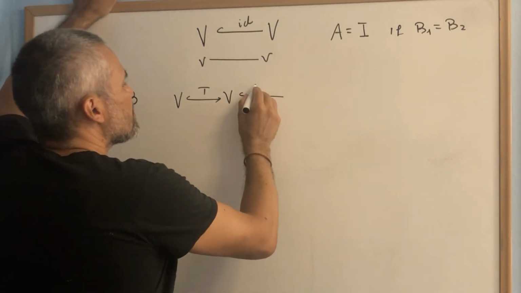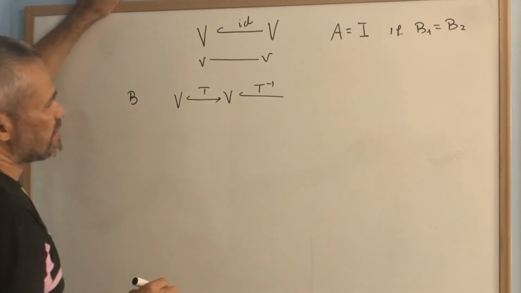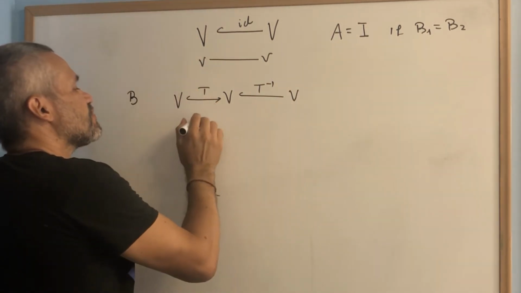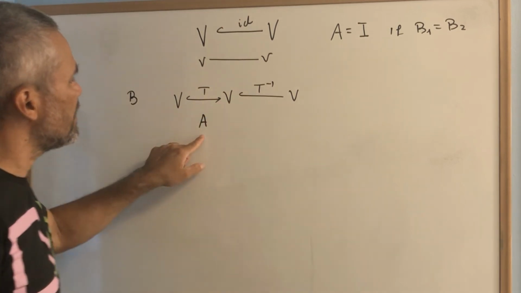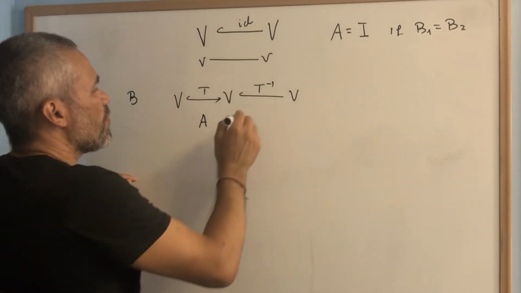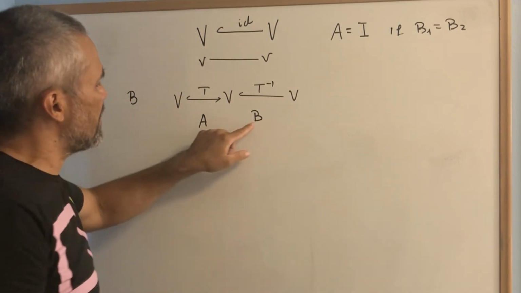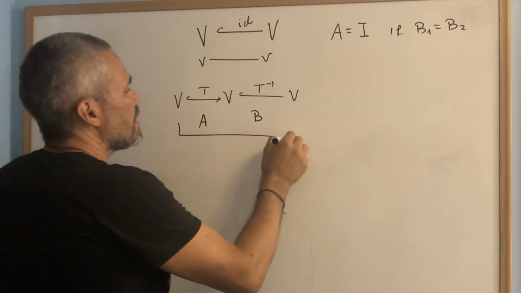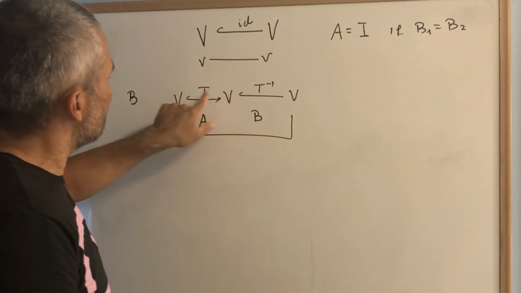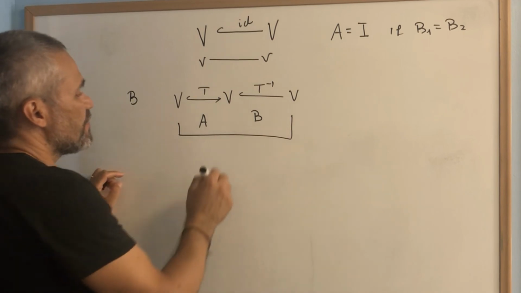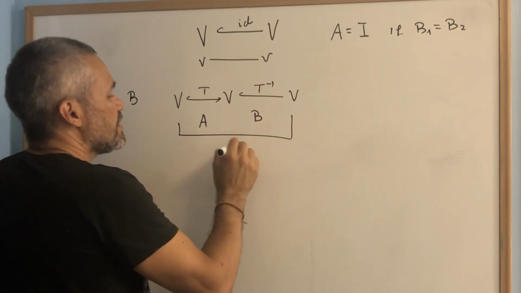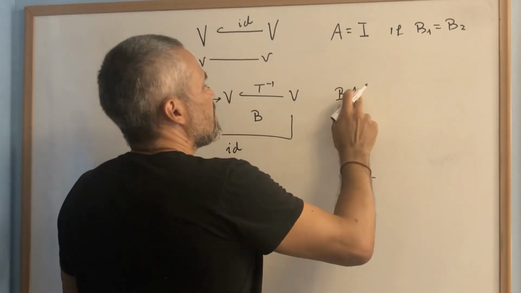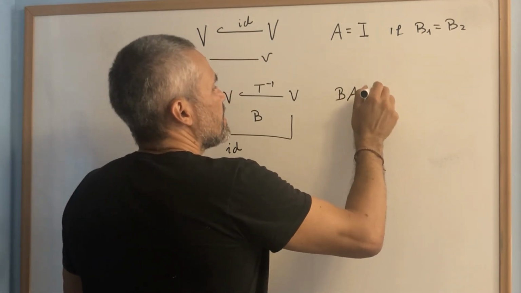Then if it has an inverse, let's denote that by T inverse, and it goes from B to B. And then when we compute the representation of this transformation, if we call it A, and we compute this matrix B, the representation of the inverse, then I know that the composition of T with T inverse by definition is just the identity, and therefore we have that A times B is just the identity matrix.